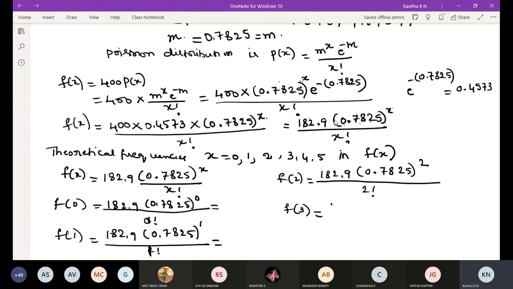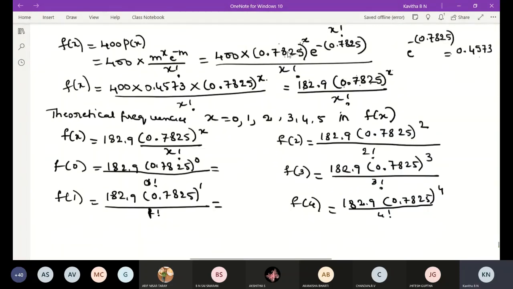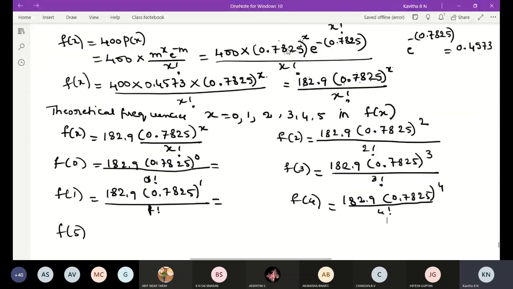Then f of 3 is equal to 182.9 into 0.7825 whole to the power of 3 by 3 factorial. f of 4 is 182.9 into 0.7825 whole to the power of 4 by 4 factorial. Then f of 5 is equal to 182.9 into 0.7825 whole to the power of 5 by 5 factorial.